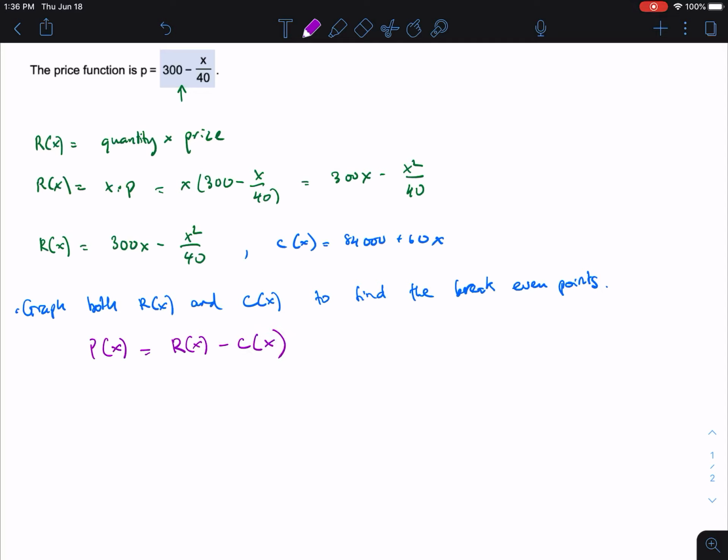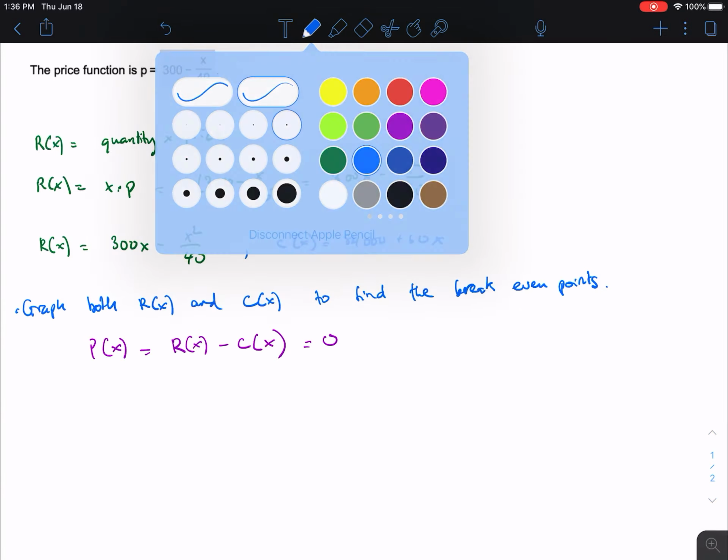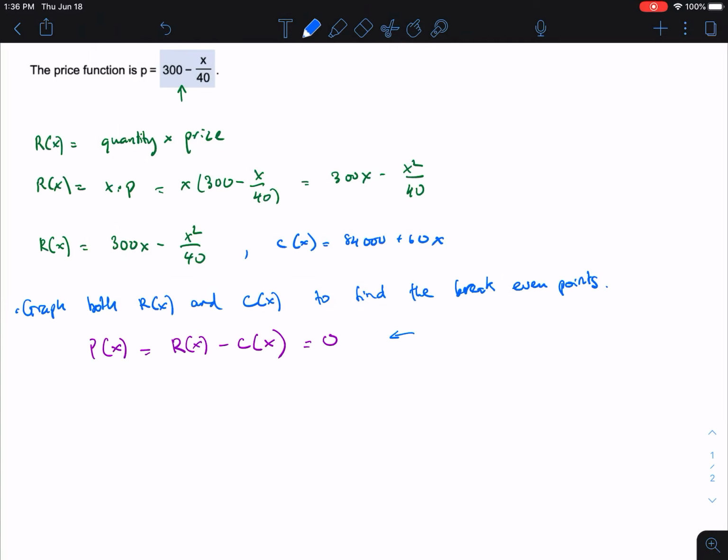So when the difference is greater than 0, we have a positive profit, and if it's less than 0, then we have a negative profit. So when this difference is equal to 0, this is when we have a break-even point. In this case, it's going to be more than one point because one is quadratic and the other one is linear.